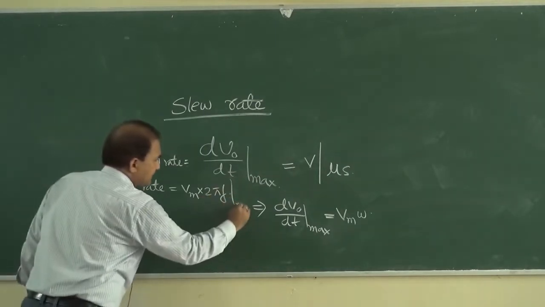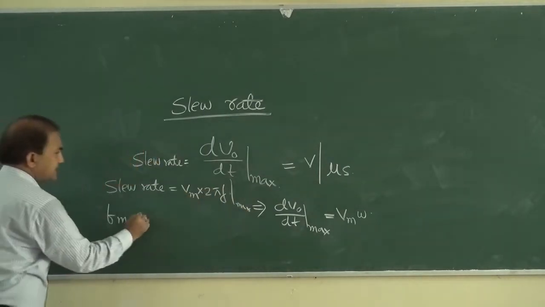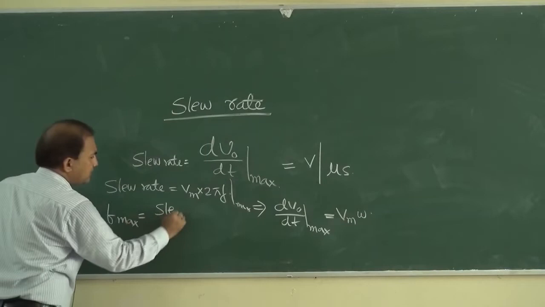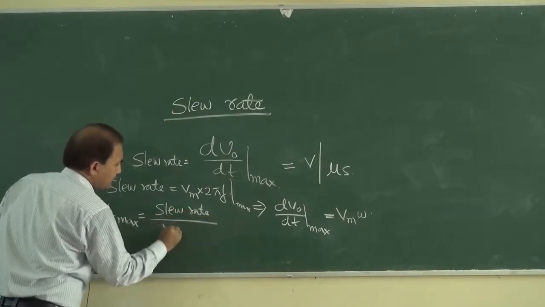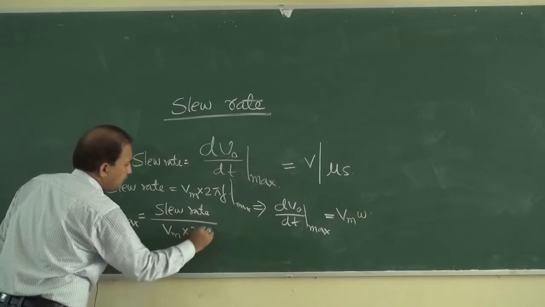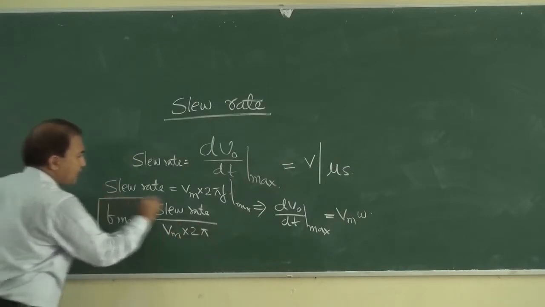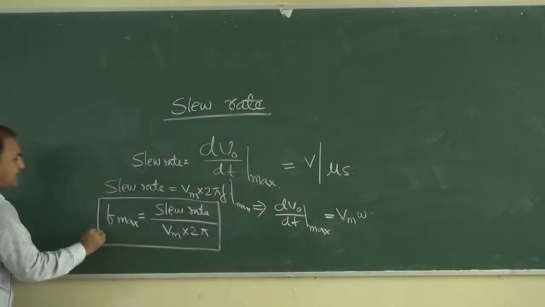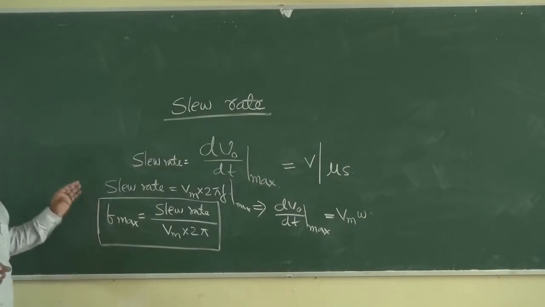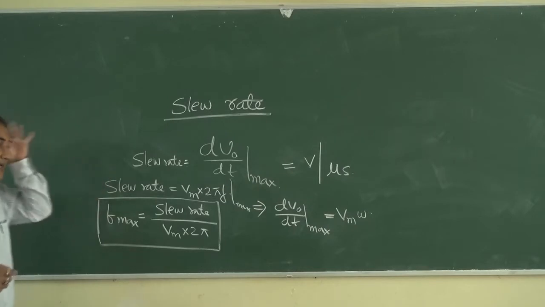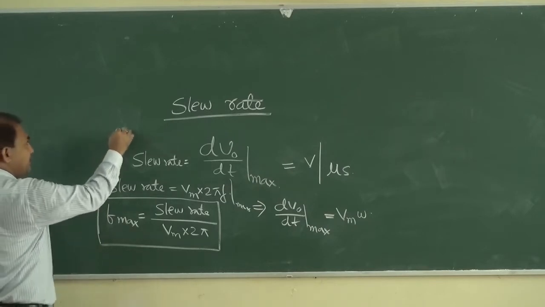So f maximum is equal to slew rate divided by Vm into 2 pi. From this expression we can determine the maximum operating frequency of operational amplifier.